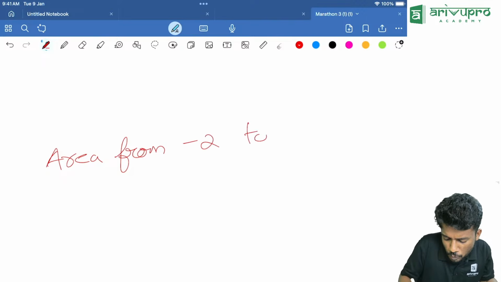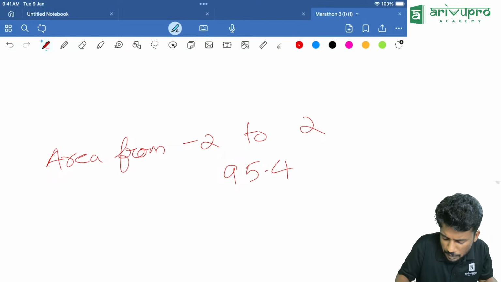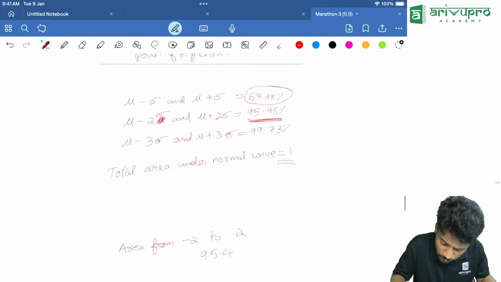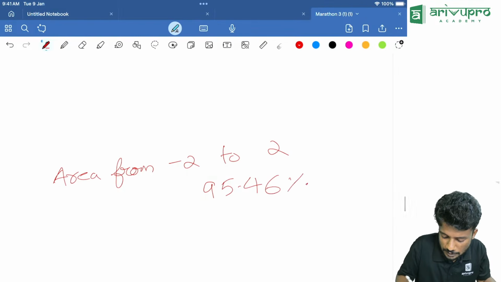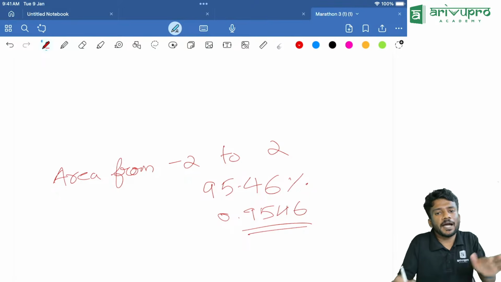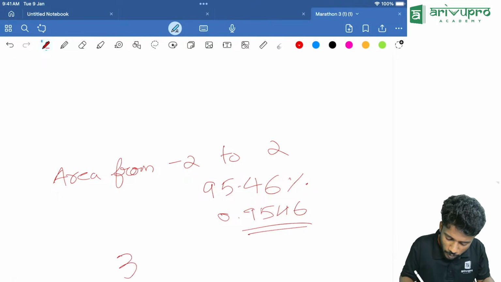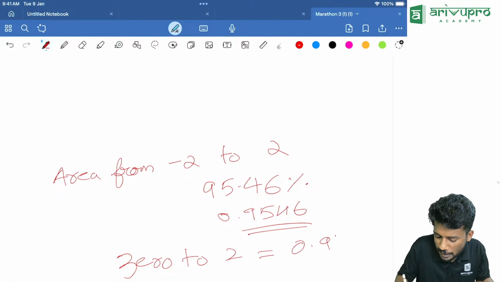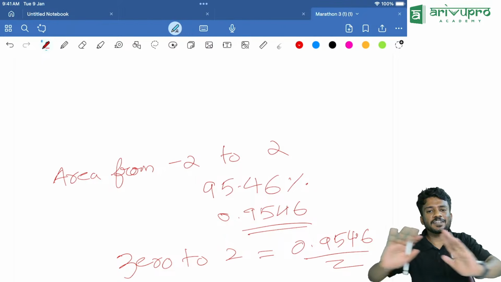That means 0.9546 is the value from minus 2 to 2. So 0 to 2 is 0.9546 divided by 2. That is the method. Everything can be found.